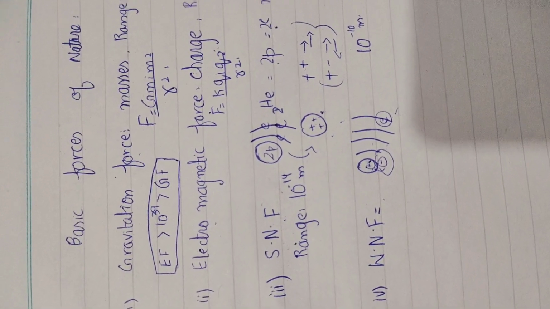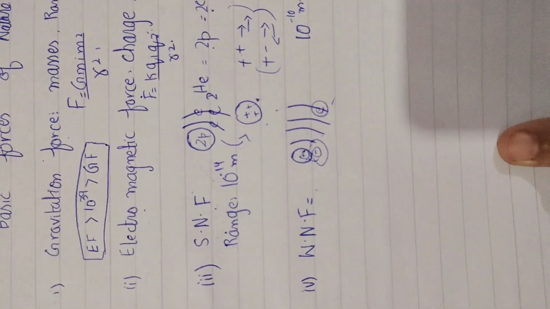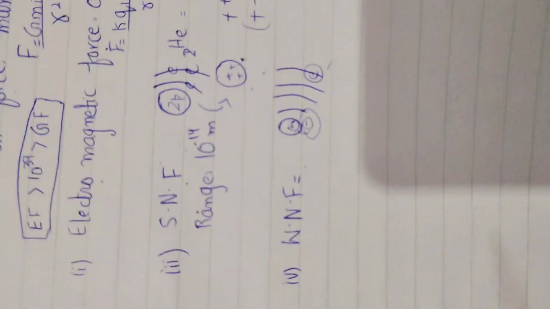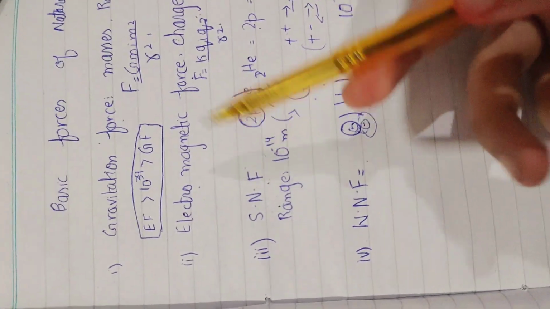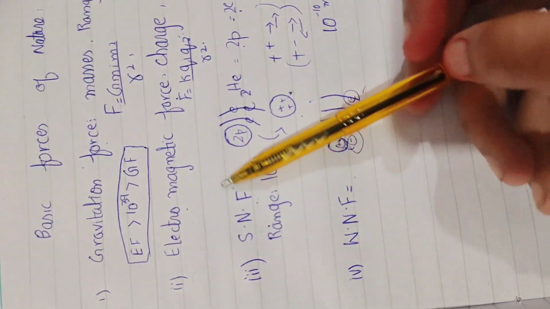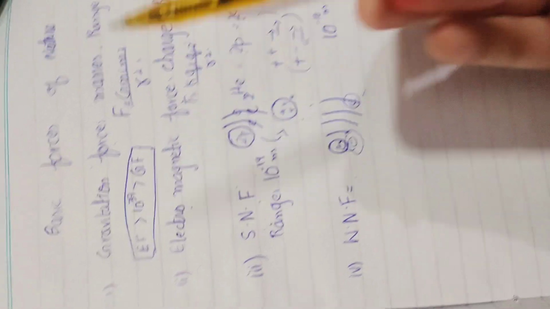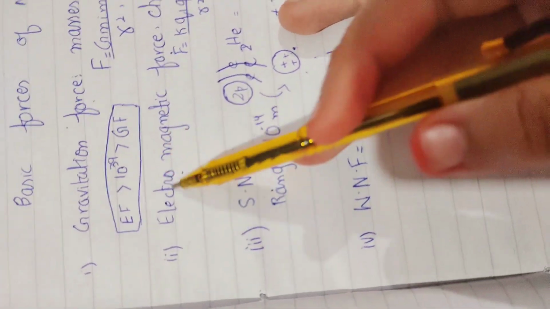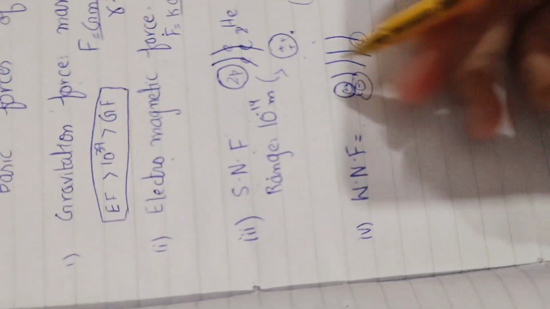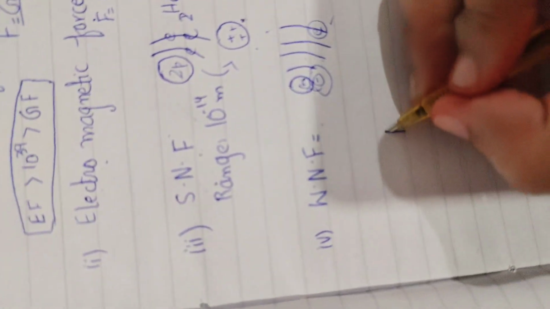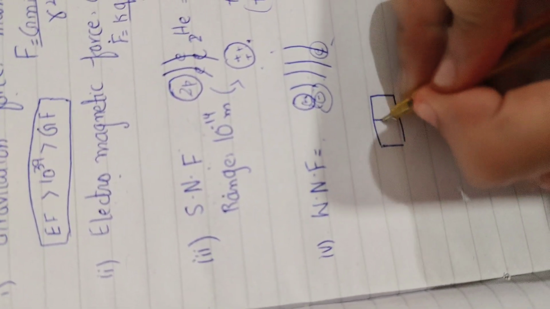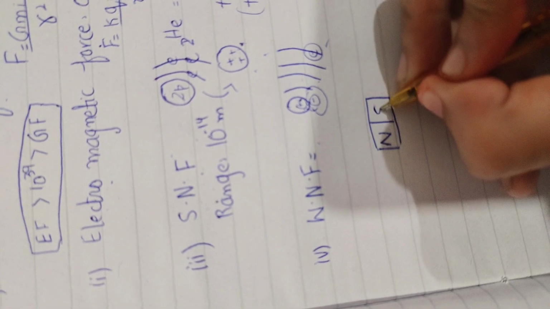Now we're going to talk about contact force and non-contact force. First of all, let me tell you that these all are non-contact forces. Why? Let me give you the example of electromagnetic force first. For example, this is a magnet, and we know that a magnet has a north pole and a south pole.